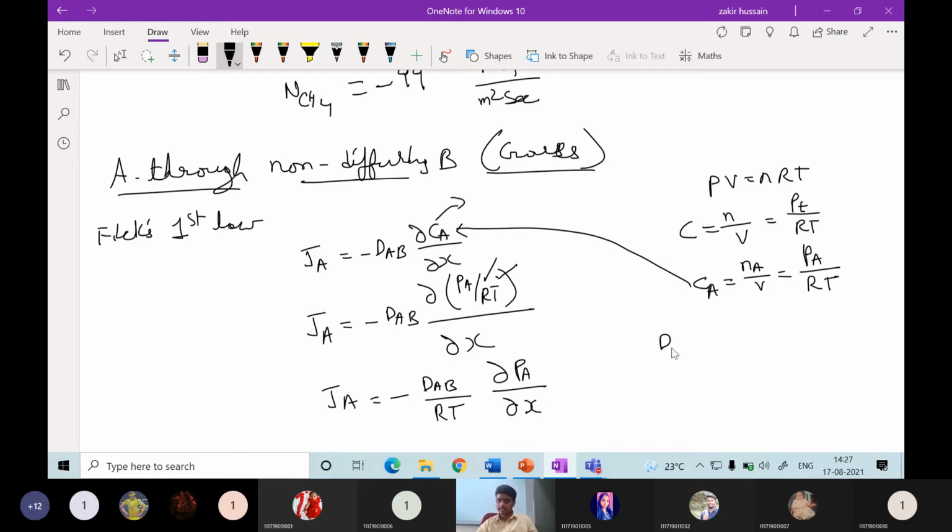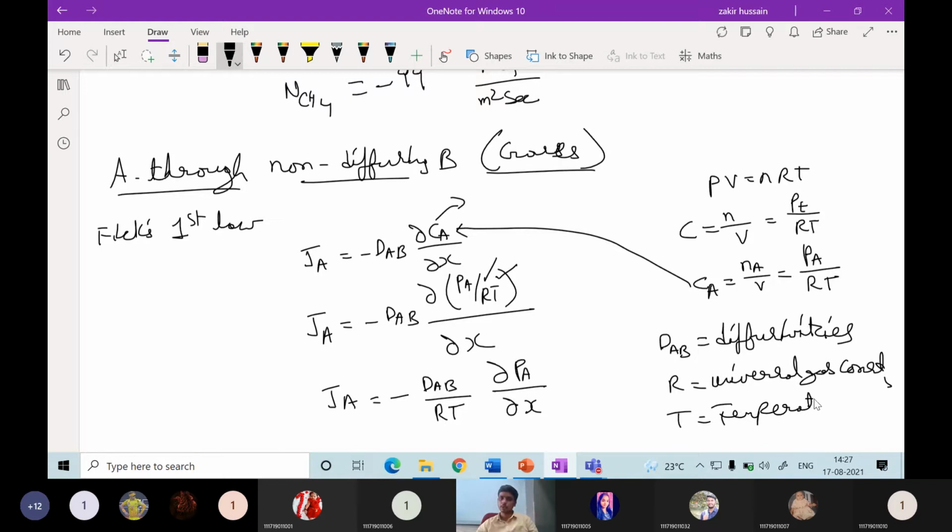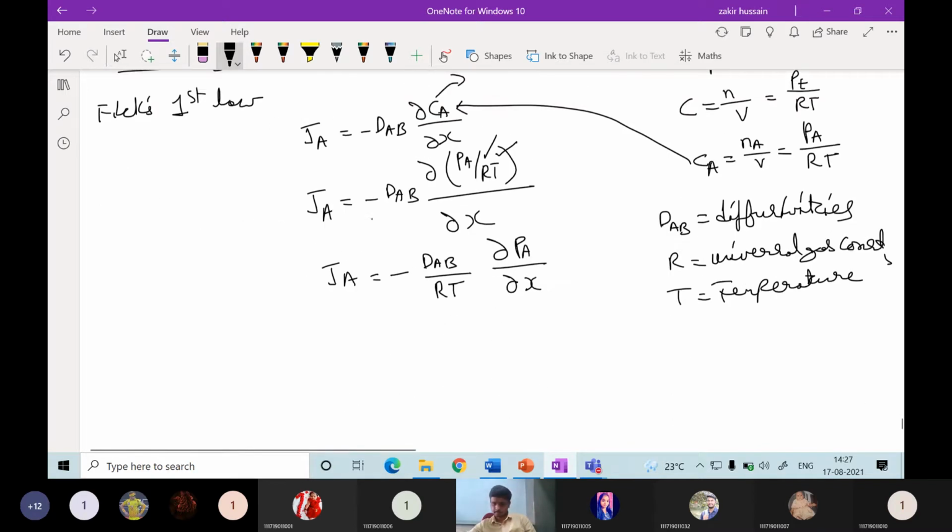So once again, I am expanding this one where DAB is equal to diffusivity of A through B. Then R is equal to universal gas constant. Then T is equal to temperature, or absolute temperature.